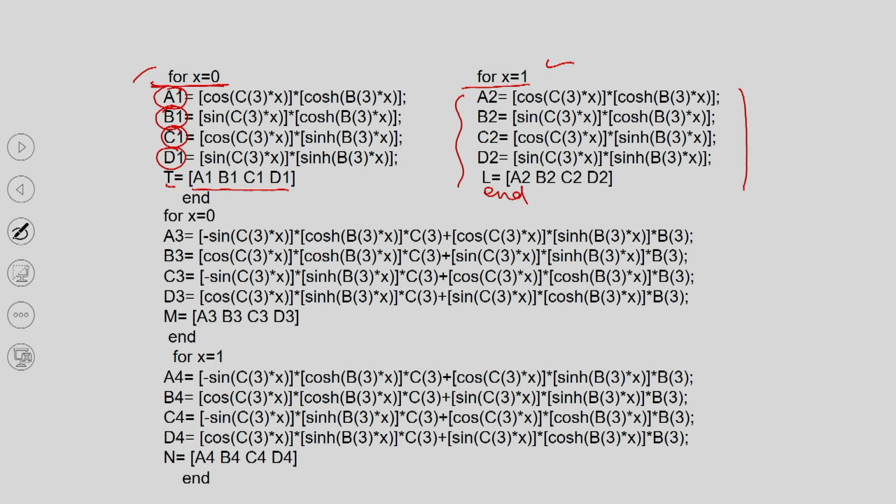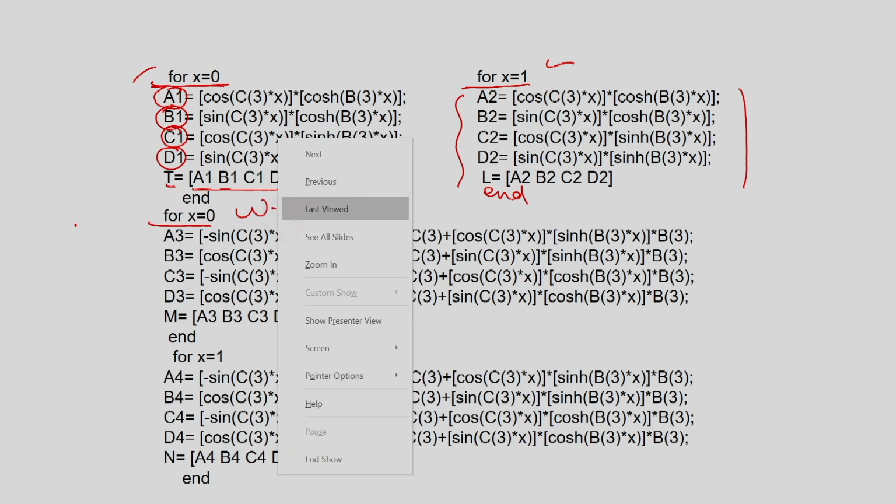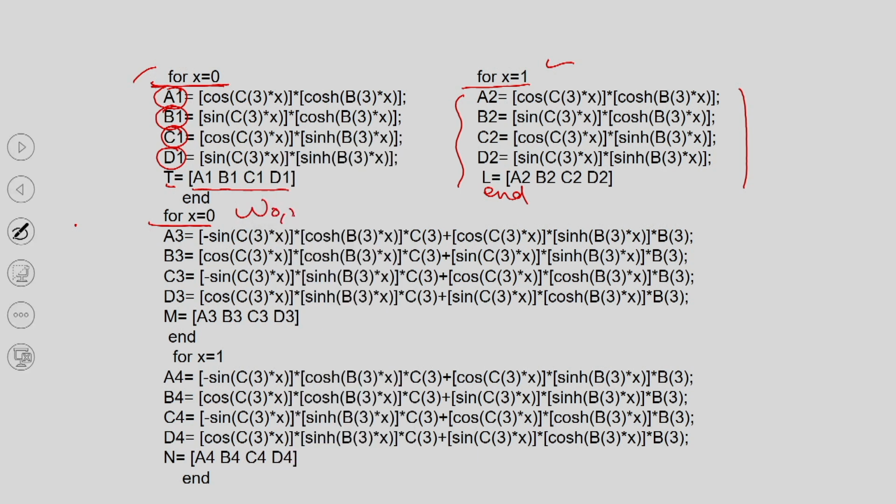When x is equal to 1, then we are talking about W comma x has to be 0. So evaluate W comma x. This is the form. Similarly, B3, C3, D3, you evaluate and arrange in this form when x is equal to 1. The same thing, just put x equal to 1.